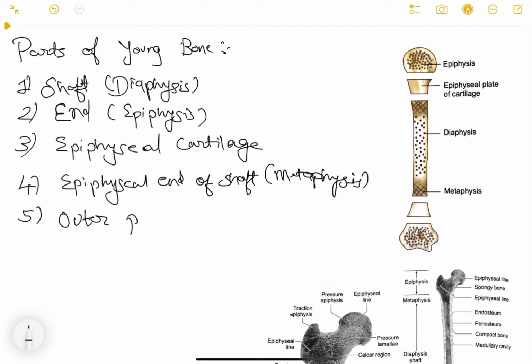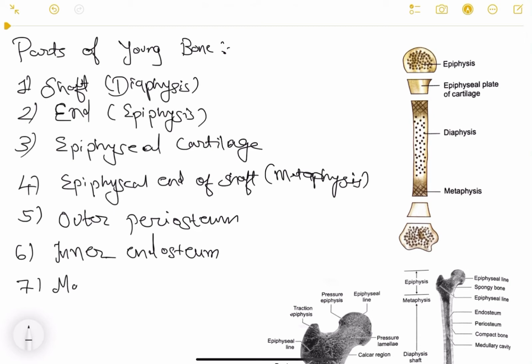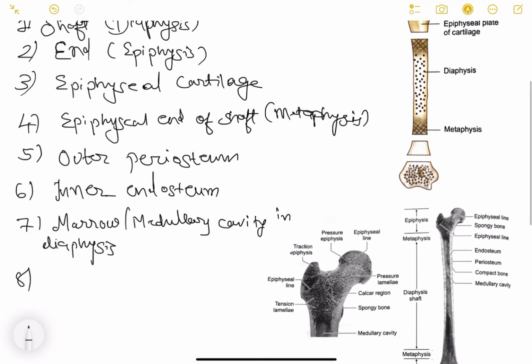5th, outer periosteum. 6th, inner endosteum. 7th, marrow or medullary cavity in diaphysis. 8th is not there.